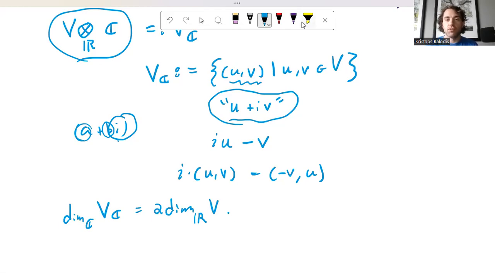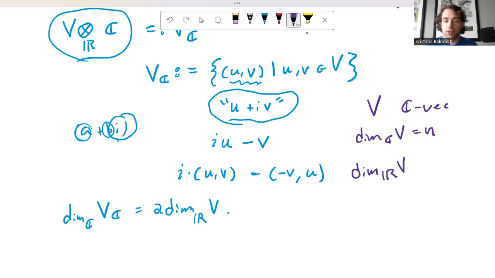That is, if we imagine we started with a complex vector space, let's say the complex dimension of this was n. Well, then if you looked at the underlying real vector space, maybe I'll call it V sub R to say that it comes from V, this will have real dimension 2n.